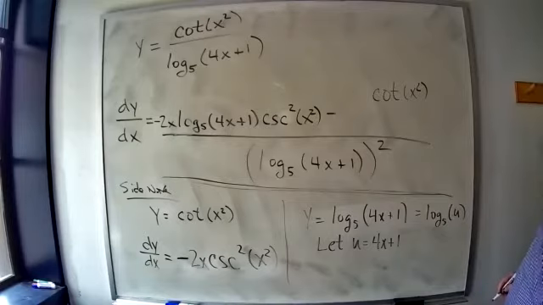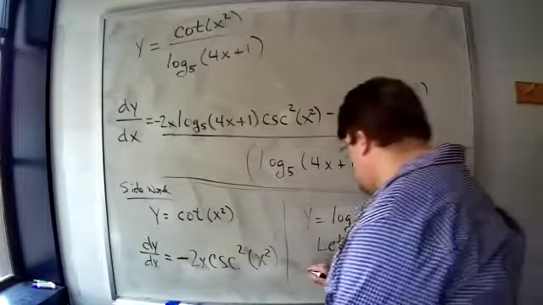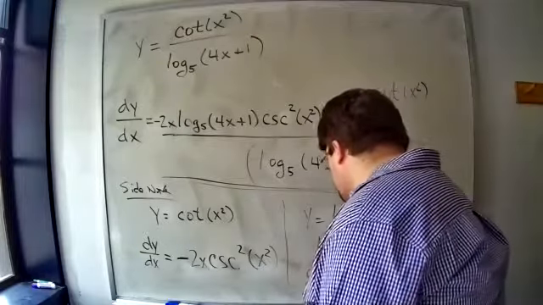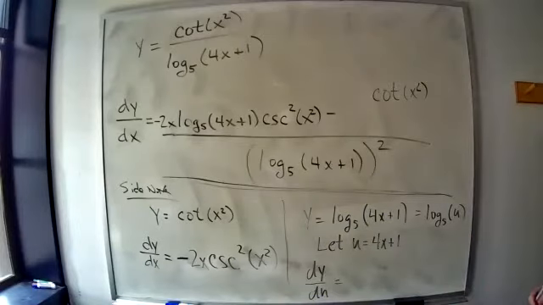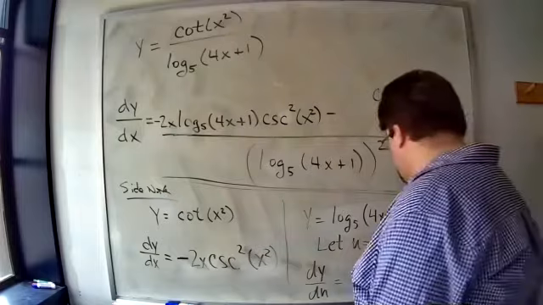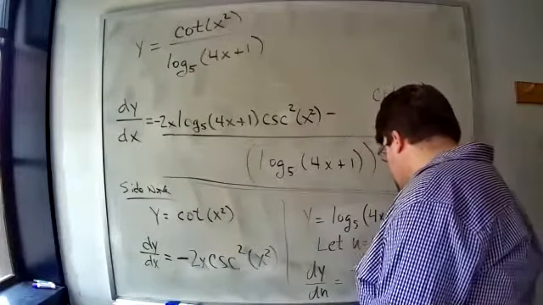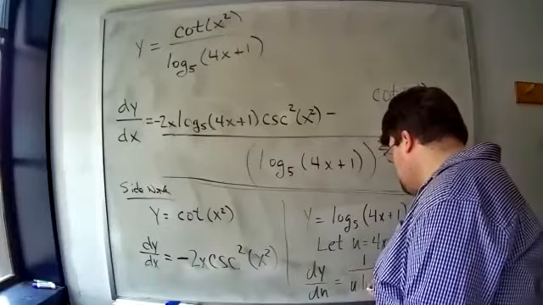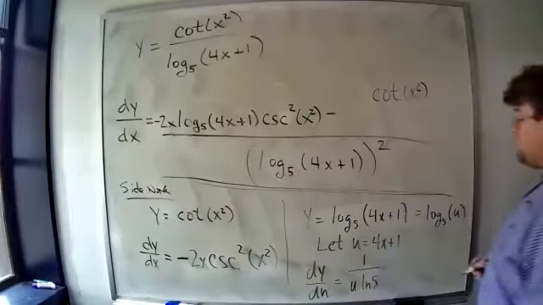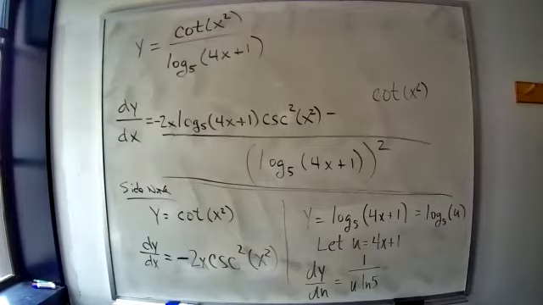I think this is going to take 2 lines of work. Yeah, I'll just write, so dy du, log of u with base 5. Well, the derivative rule there is that the derivative of log of u with base 5 is 1 over u times the natural log of 5.